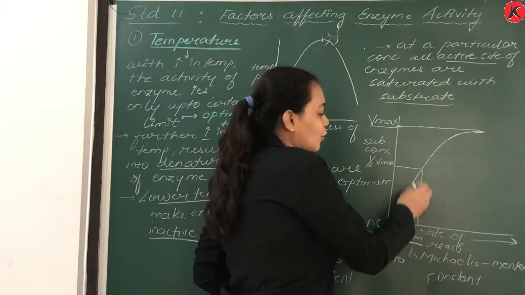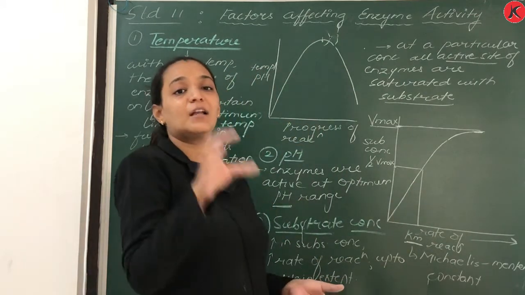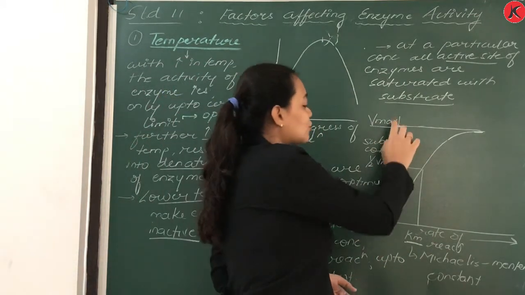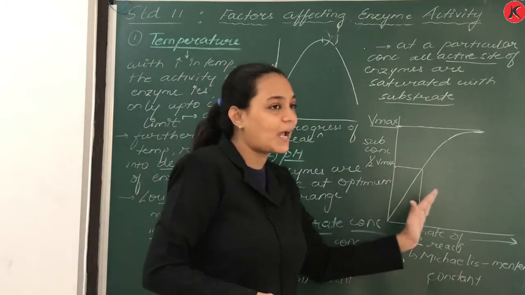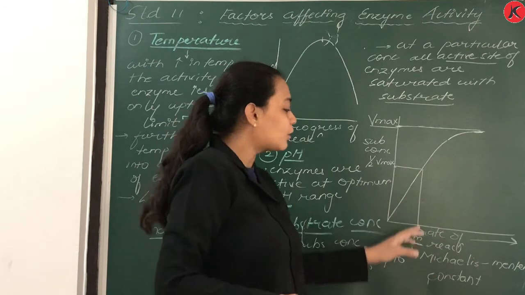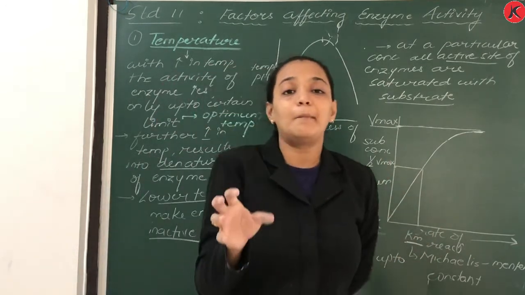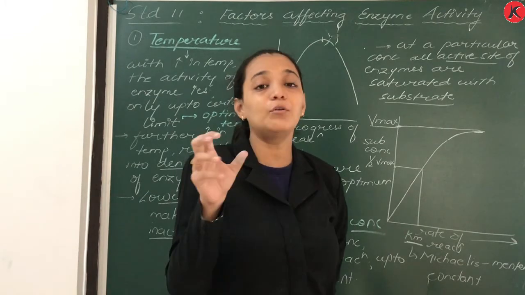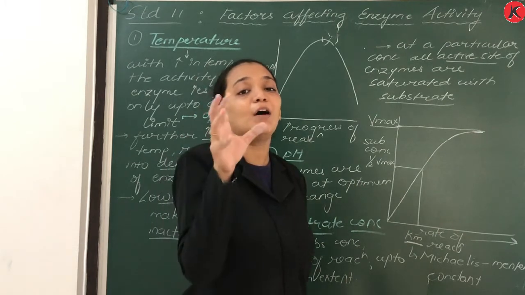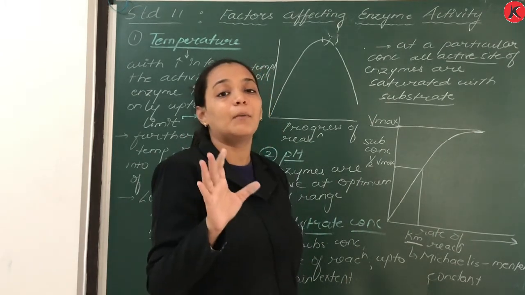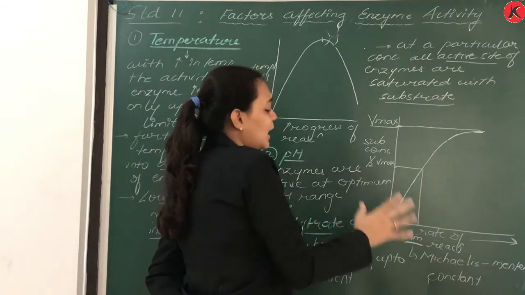The rate of reaction has become how much of the maximum? Half. So at what substrate concentration is the reaction half of the maximum, right? That half Vmax is denoted as the Km. Km value means it is the amount at which the rate of the reaction has become half of its maximum velocity, okay.